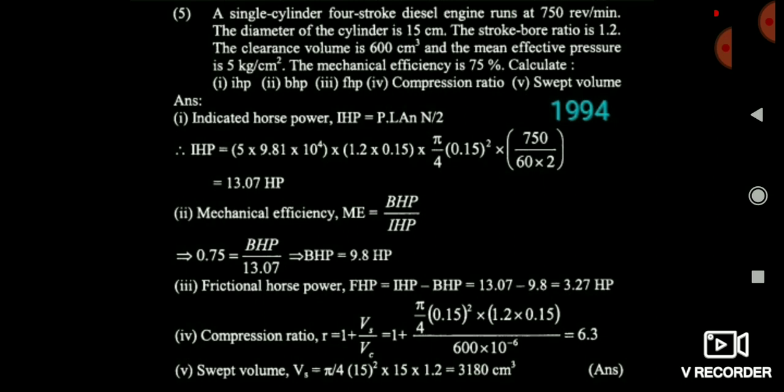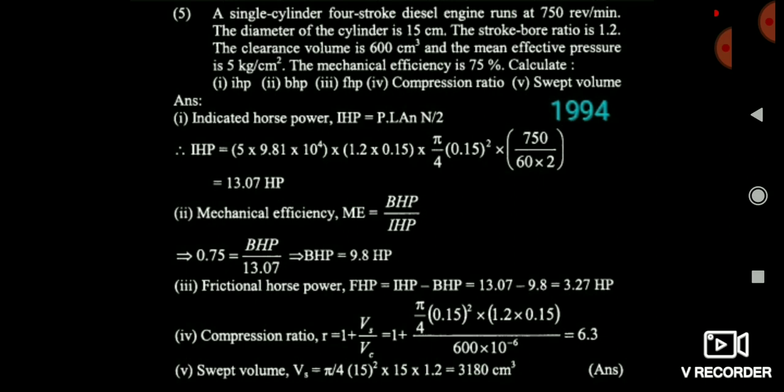Friends, you should simply put all these values in SI units. I have told you, you see here that the effective pressure is given as 5 kg per centimeter square. So the first thing you should do is multiply 5 kg by 9.81, and since it is per centimeter square, multiply it by 10 to the power 4. You do all these values in SI units and you can get the answer for IHP.